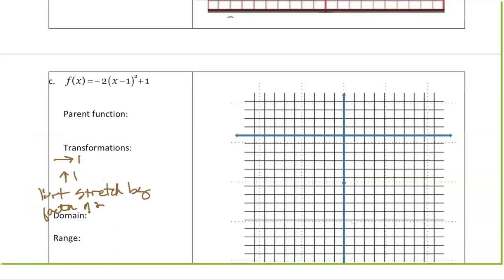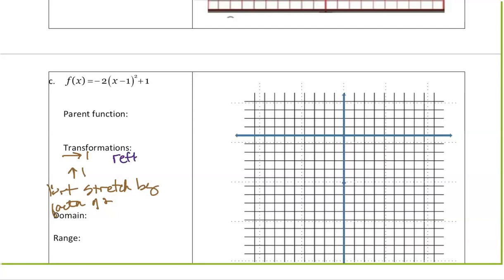Okay, because these are the things I'm doing. And then I'm going to do one more thing. What's the other thing? So it looks like I'm going to reflect over the x-axis. And that's my new thing I'm doing.